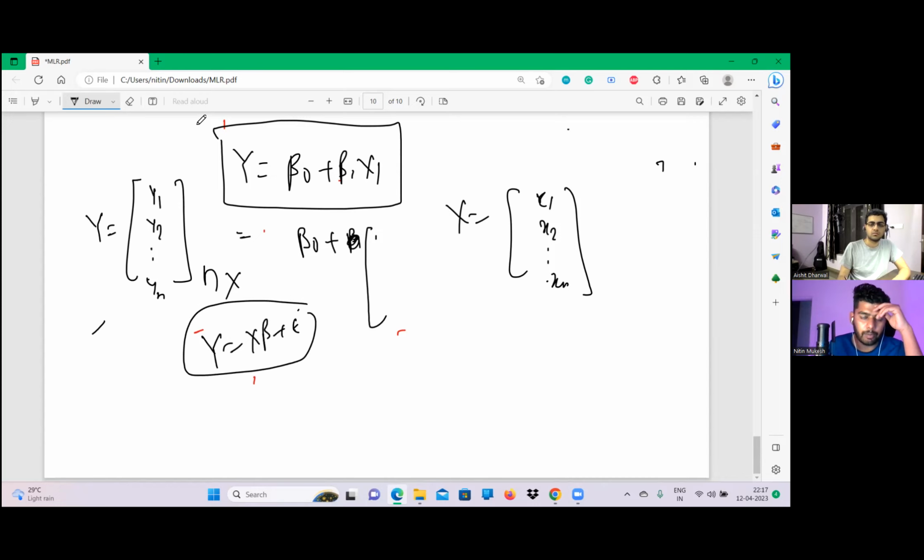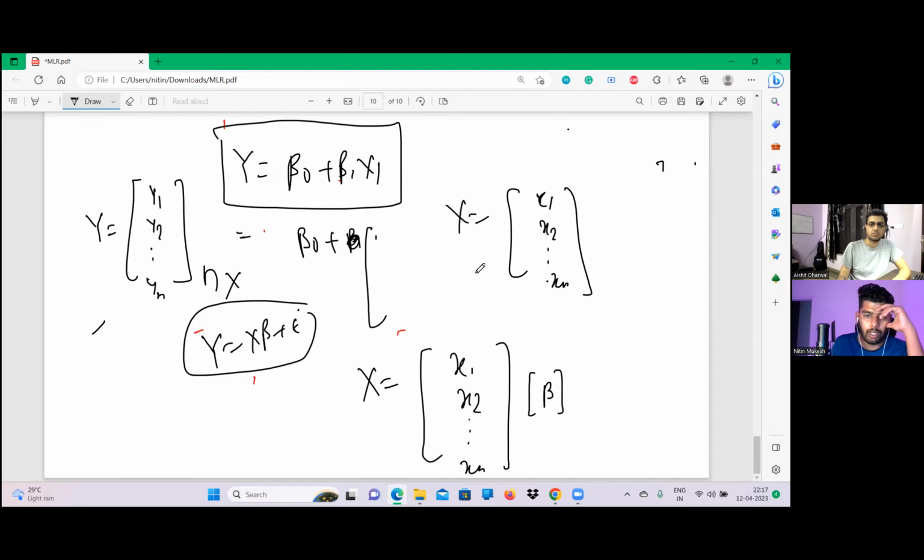If you write in this particular format, your x is going to be something like this, and your beta naught is going to be something like this.